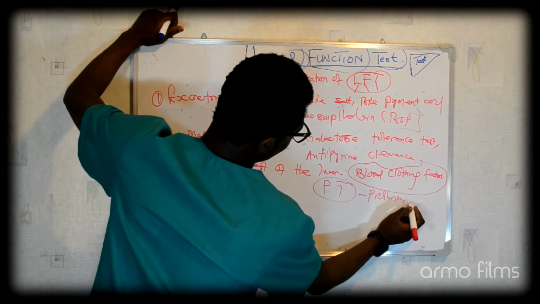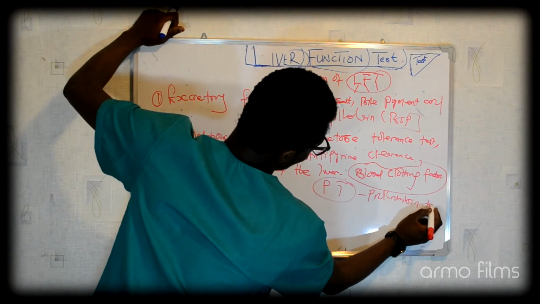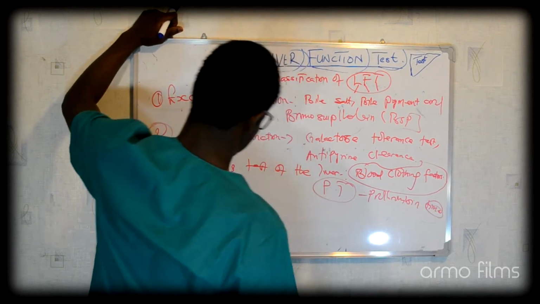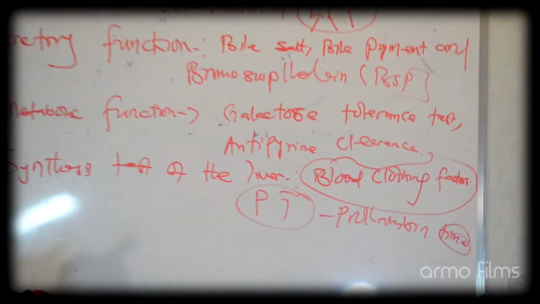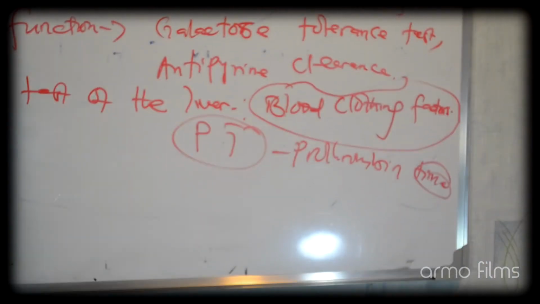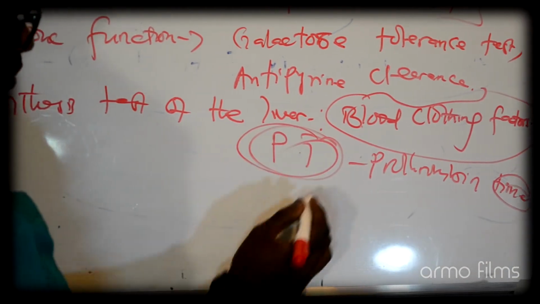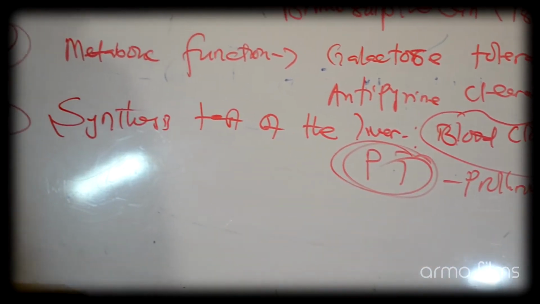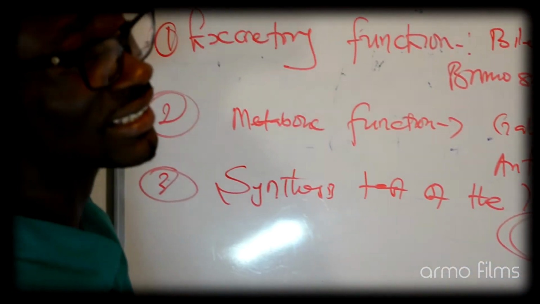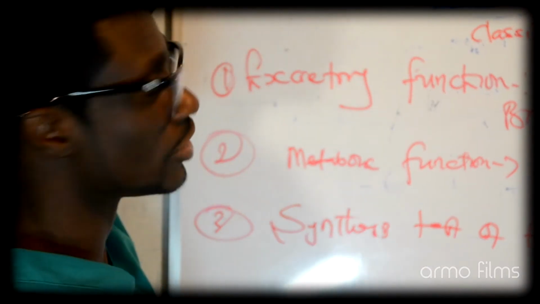So when you find in a patient an increase in the prothrombin time, you probably start suspecting something is wrong with the liver. This guy has a misbehaving liver, right?